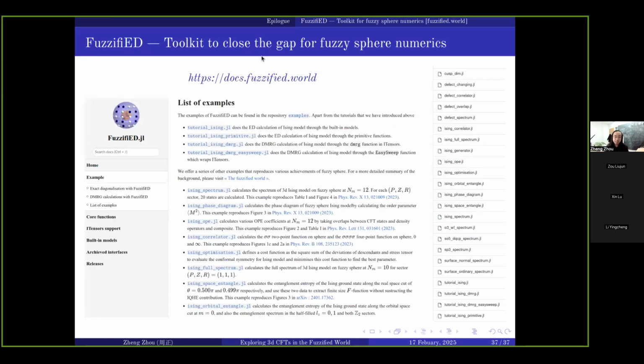Finally, to facilitate everyone doing numerics on the fuzzy sphere, we have developed this open source Julia package, Fuzzifed, which you can check on this website. Using this, you can produce almost all of the existing results on the fuzzy sphere.